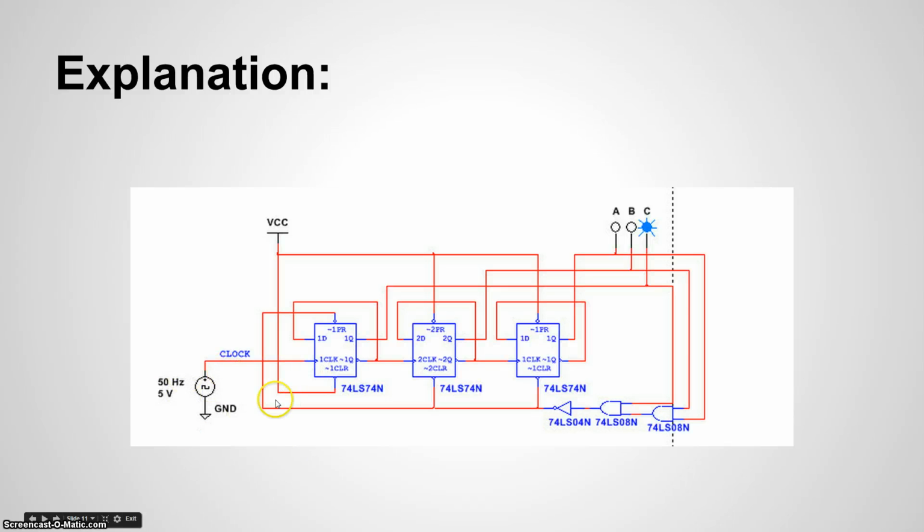With each cycle, the binary digit is going to increase. The first cycle will be 0, 0, 1, which corresponds to 1. Then it'll be 0, 1, 0, which corresponds to 2. Then it'll be 0, 1, 1, which corresponds to 3, etc. So that is basically taking your digital signal and turning it into a binary number, which is going to cycle 1 through 6 repeatedly, with every cycle.